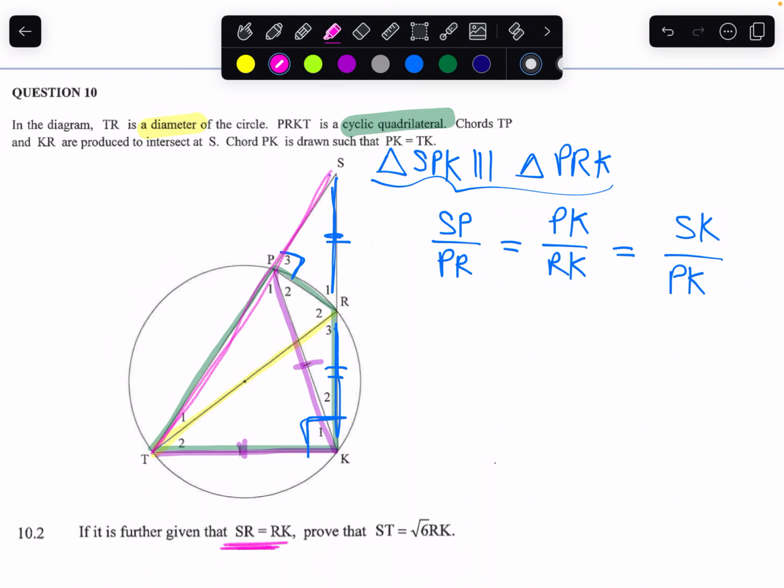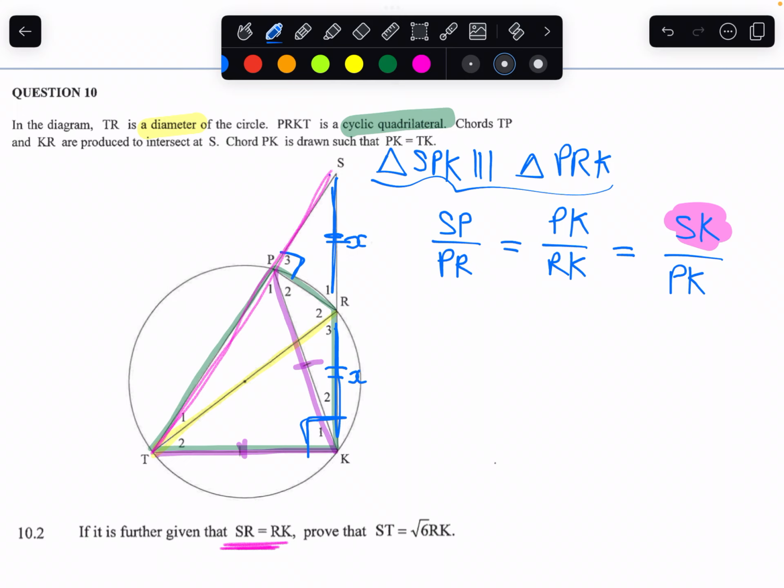There is no SR, because we're not really dealing with that. What we would be interested in is SK, which is that guy. So essentially what we've been told is, if this is x, then this is also x.